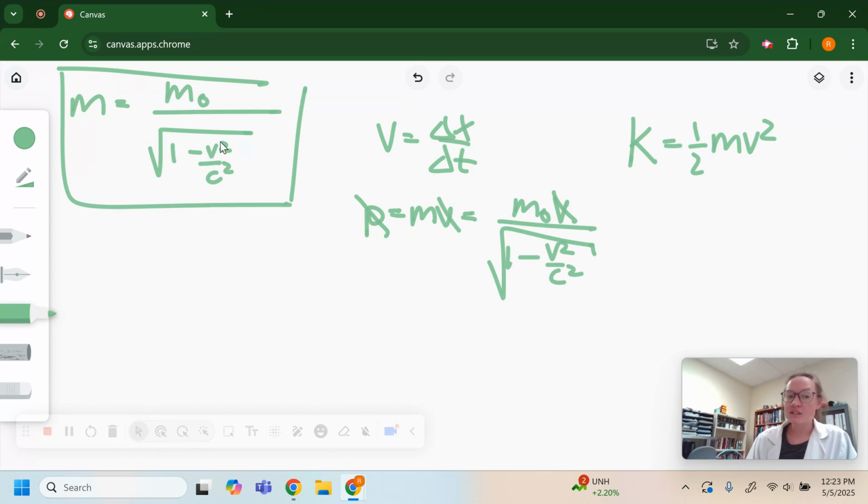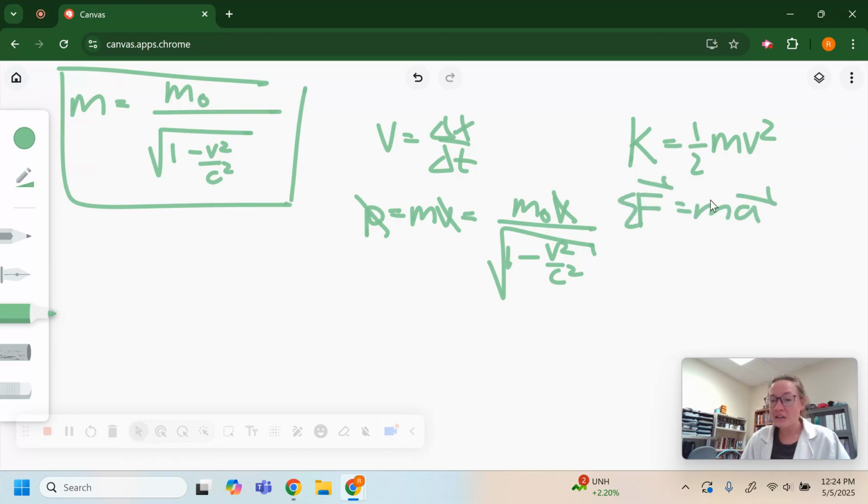As I get an object going faster and faster, that object is gaining mass, which means it's also gaining inertia. The more mass it has, the more inertia it has. You'll remember Newton's second law, that F net is equal to ma.